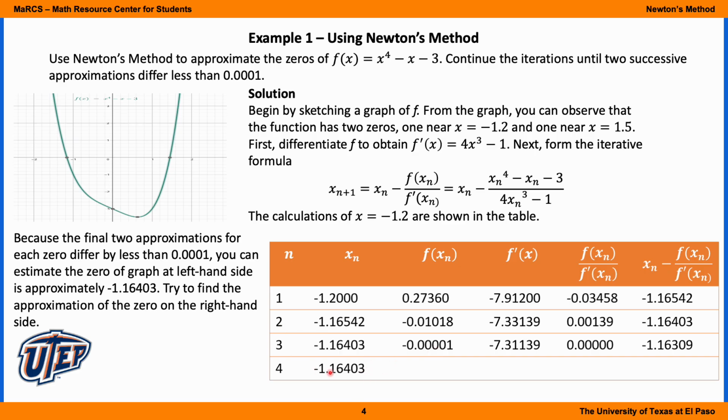Because the final two approximations differ by less than 0.0001, just like the instructions told us, we can estimate that the zero of the graph on the left-hand side is approximately negative 1.16403. Now to find the other x-intercept, the one near x is equal to 1.5, we can repeat the process, but now our x1 will be 1.5.